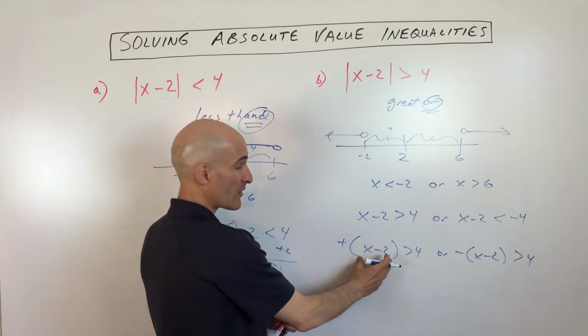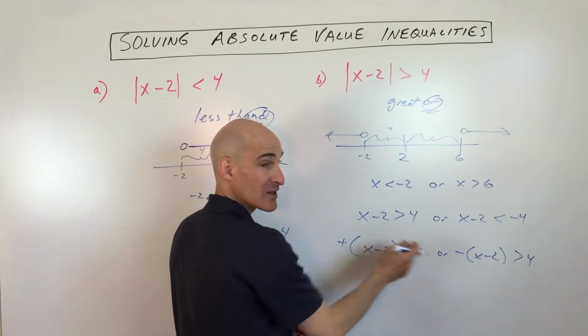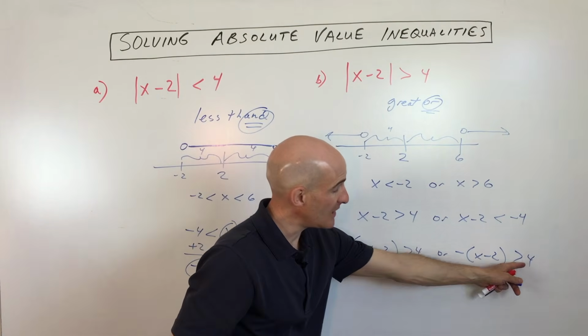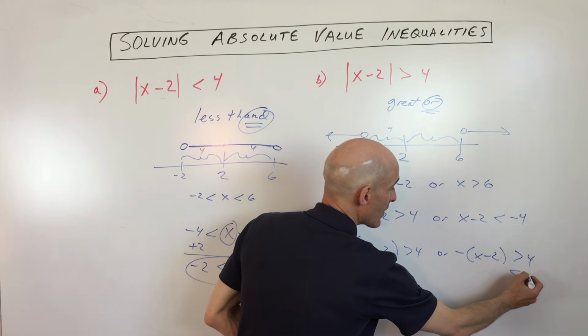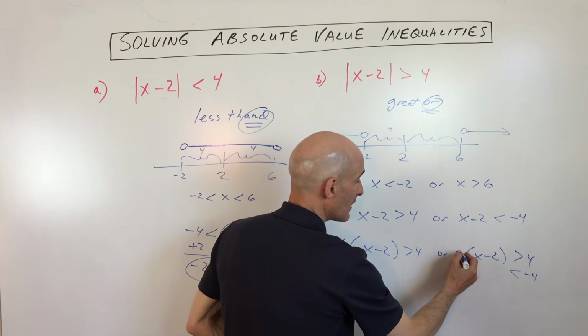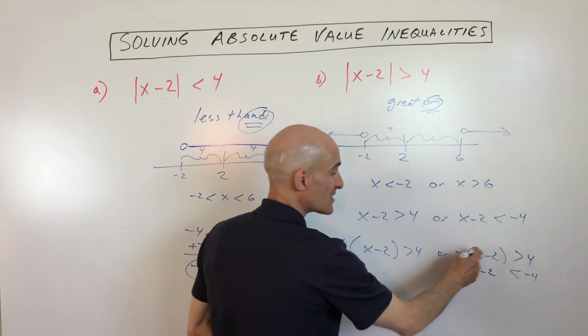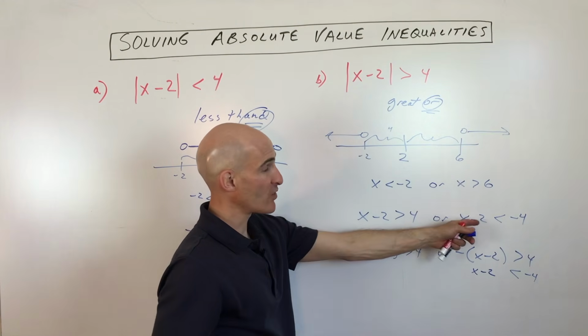So all I did was consider the positive case and the negative case. Now, if I multiply both sides by -1, what happens to the inequality sign? It changes direction, and this changes to a -4, and then this becomes x minus 2 because the negatives cancel out. So that's what brings us to this step here.